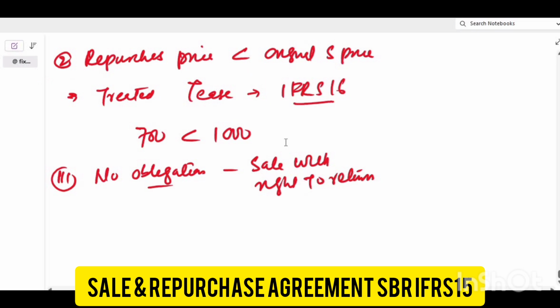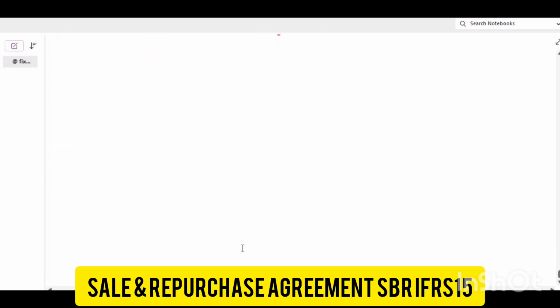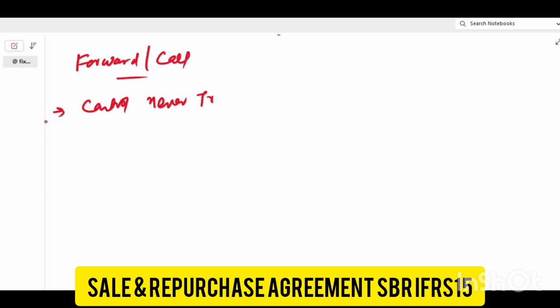Now, in a nutshell, I will just sum it up, and then we will move to the actual reading. So here I have told you that if you have a forward or call option, then what does it mean? That control is never transferred.